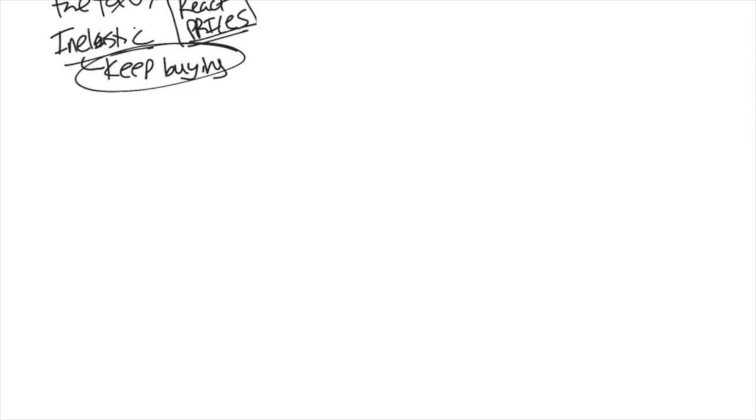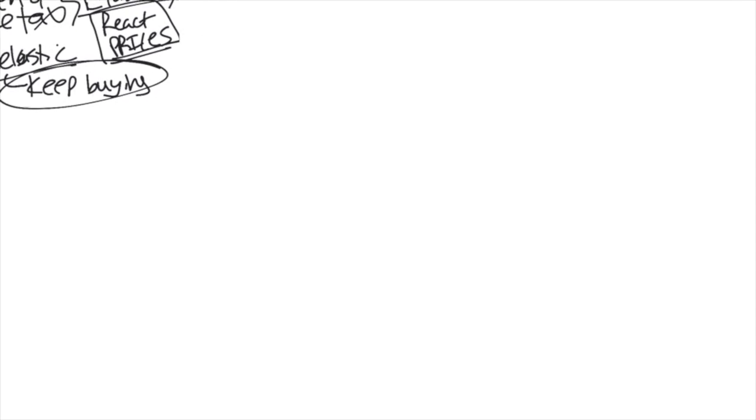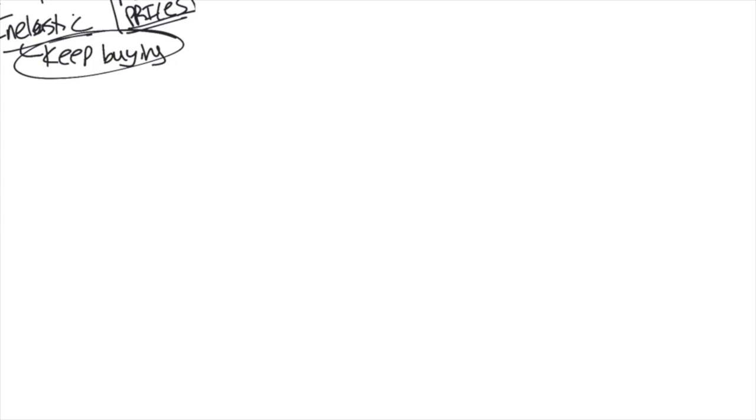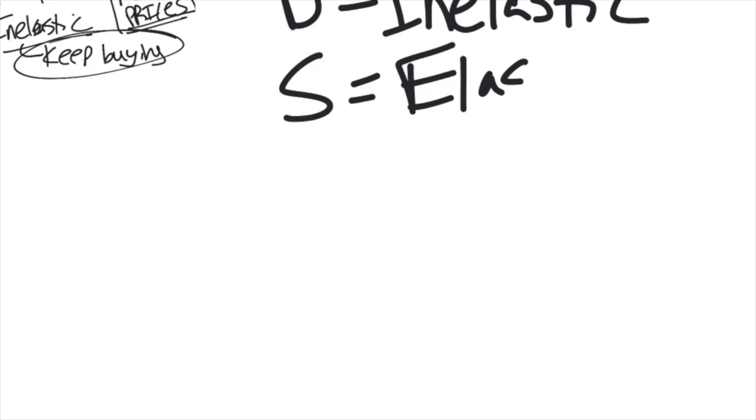So I'm just going to do an example. This will be our only example, because you guys are smart enough to figure out stuff based upon an example. Okay, so the example that I'm going to use, and you should know the answer already, who bears the burden, but I'm going to show it to you. We're going to do a demand curve that is inelastic, or more inelastic, and a supply curve that is relatively elastic.